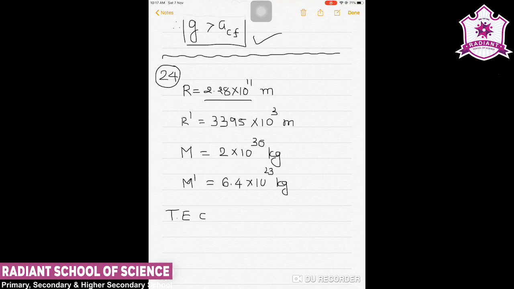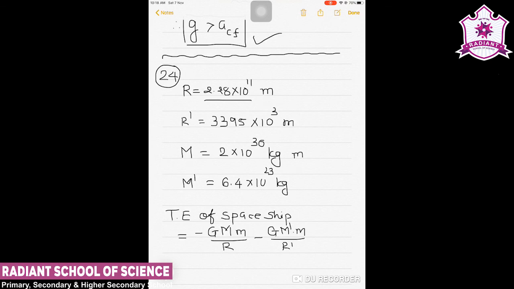Total energy of spaceship can be written as minus GMm over r minus GM'm over r'. Here, small m is the mass of the spaceship itself, which is given as 1000 kilogram.